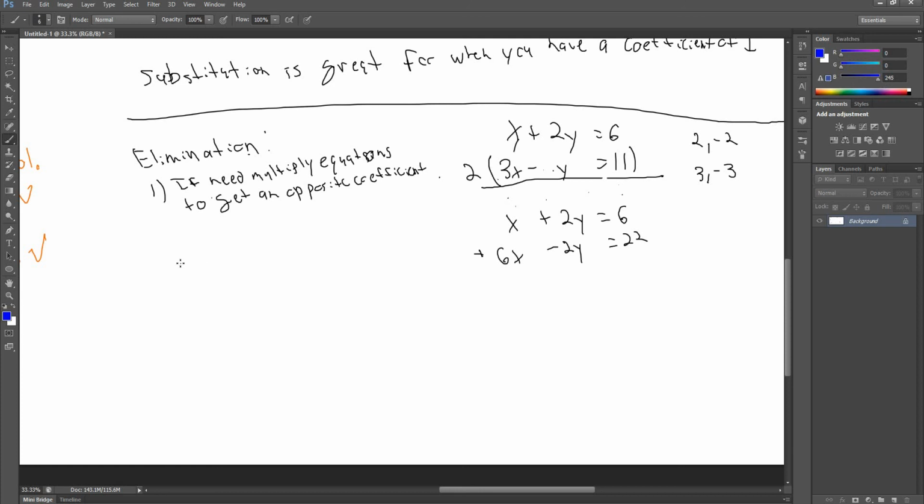Now I'm going to switch to blue for step 2. Step 2 is just add to eliminate a variable.